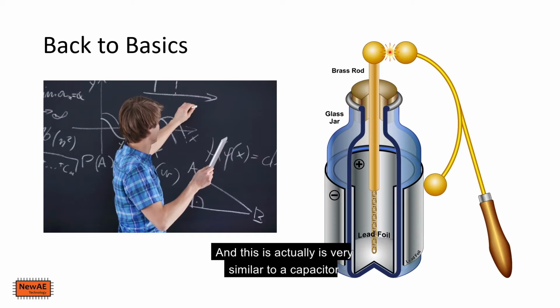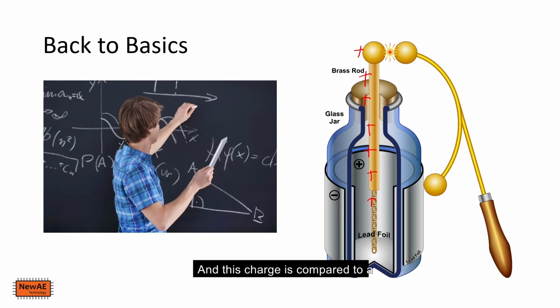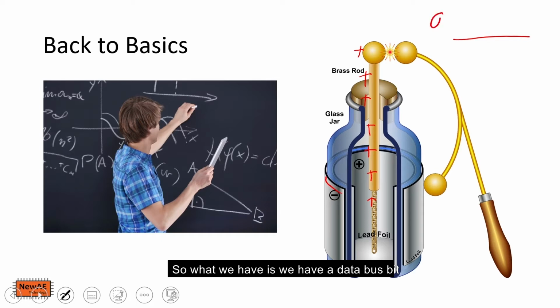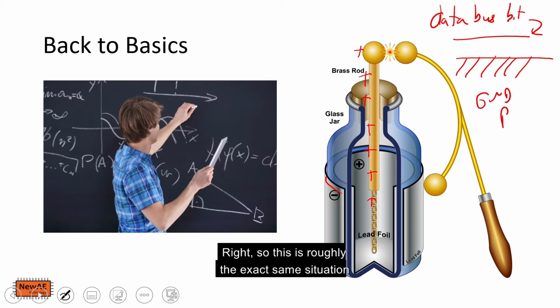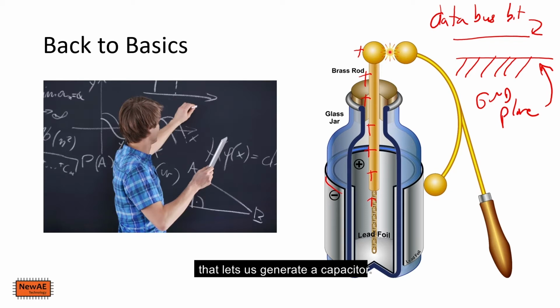This is very similar to a capacitor, because with a capacitor we have a charge being put on something, and this charge is compared to a reference plane, which is the ground in our case. So what we have is a data bus bit and a ground plane, right? This is roughly the exact same situation that lets us generate a capacitor.